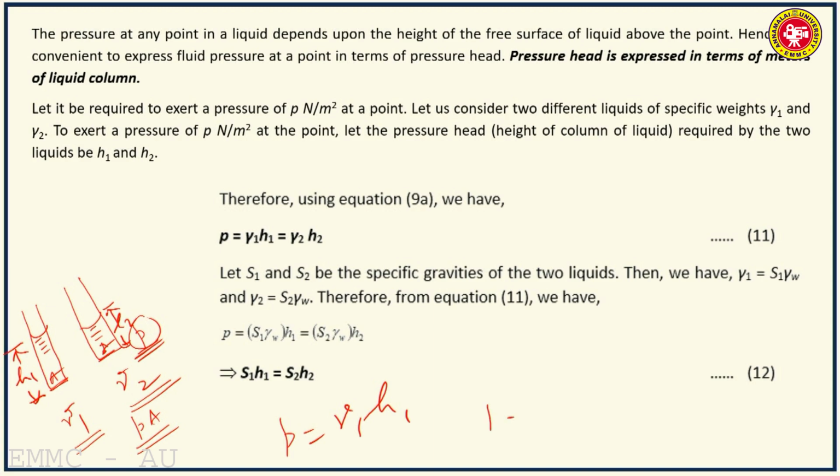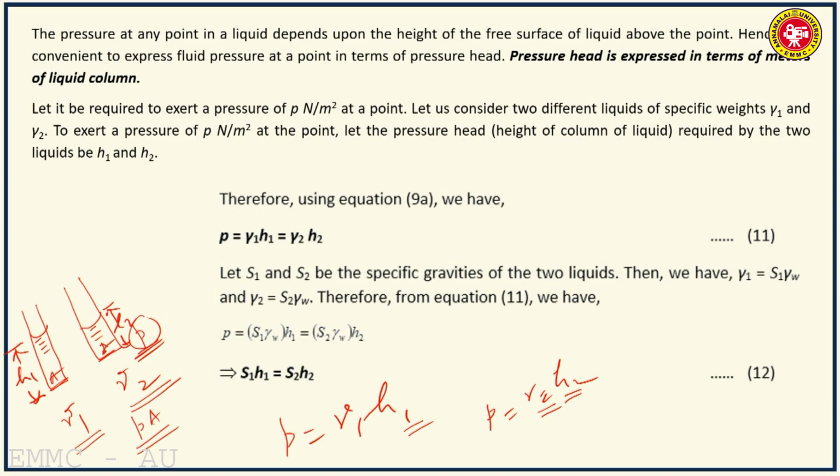So, P is also equal to gamma 2 H2. So, same magnitude of pressure by two different liquids of specific weights gamma 1 and gamma 2. So, the height of the free surface in both the cases will be different, H1 and H2. So, you can equate these two because P is same. So, you have gamma 1 H1 is equal to gamma 2 H2.